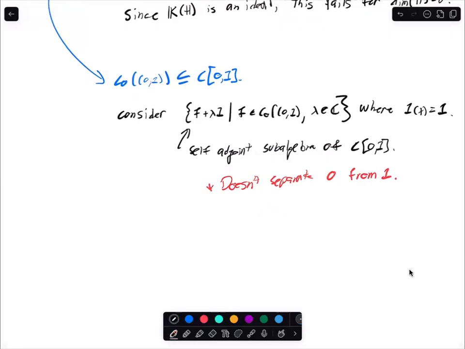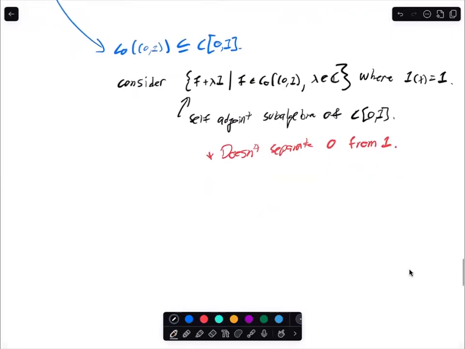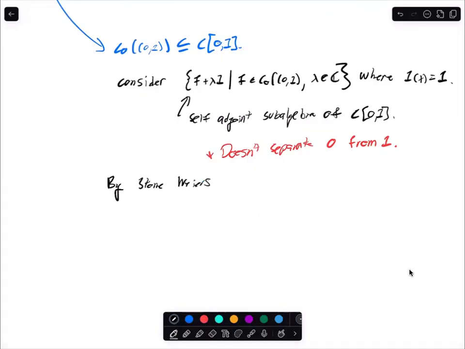Nevertheless, you can ask what its closure is by Stone-Weierstrass. This closure is the set of all functions in the continuous functions on the closed interval with f of 0 equal to f of 1.